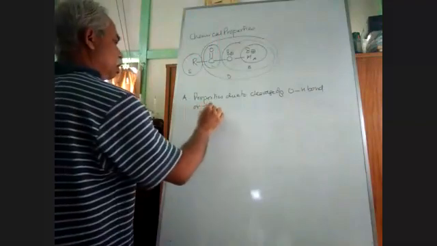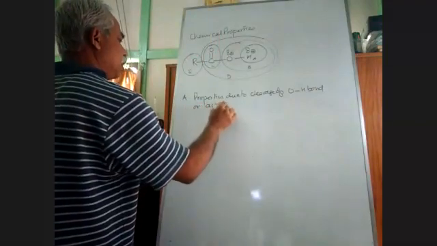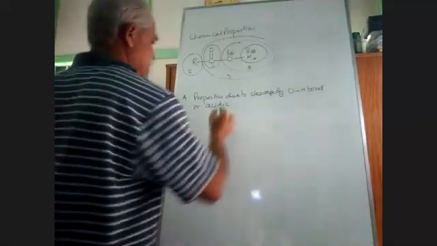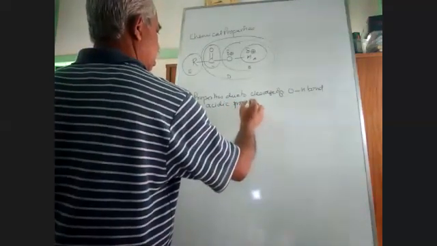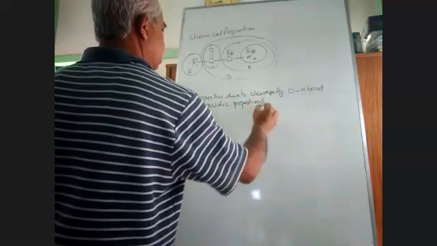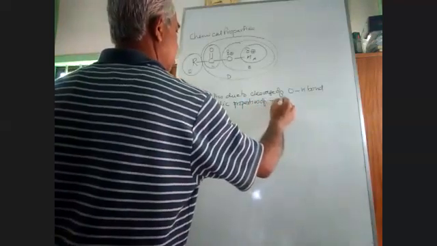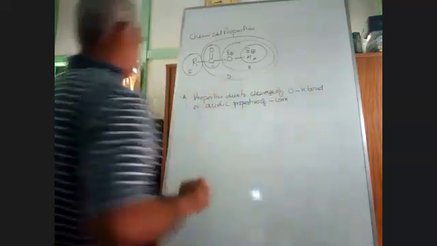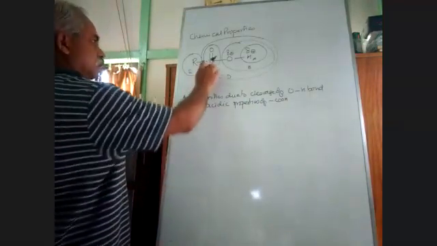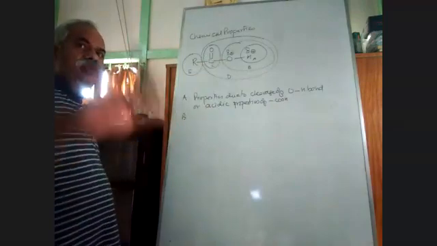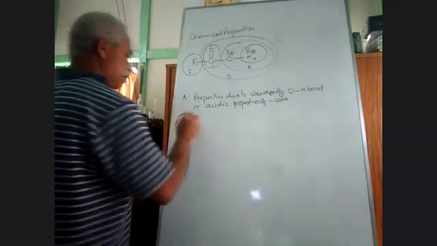Any compound giving H plus we call an acid. Acidic properties. B: the carbon oxygen bond will break and the OH group will go out as OH minus.